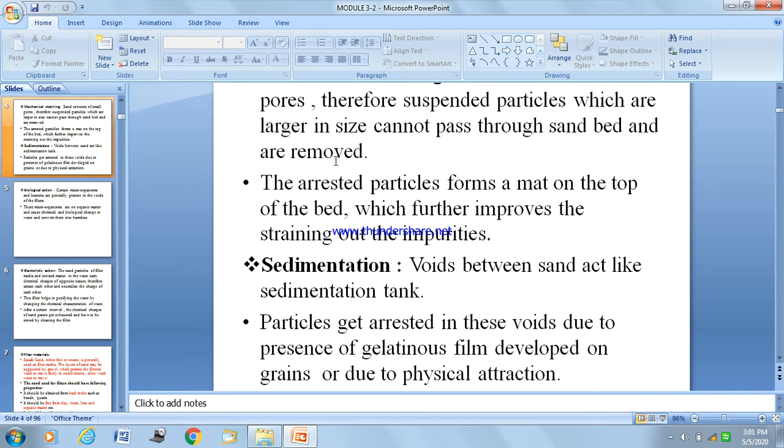Particles present in these voids settle, and a film or coating develops on the sand grains from the previously caught bacteria and colloidal matter, and also due to the physical attraction between the particles of matter.